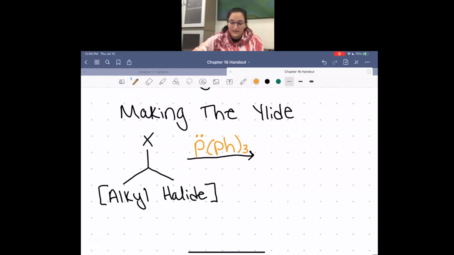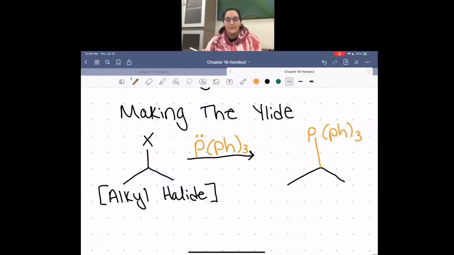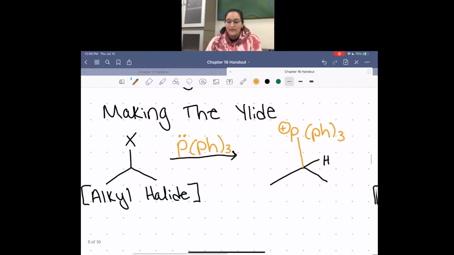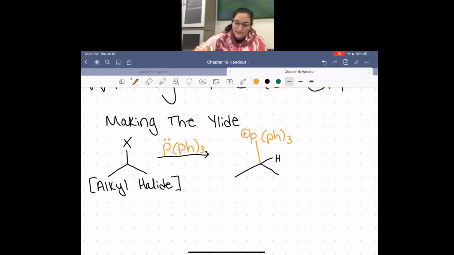So we get, bam. But now we have an issue because the phosphorus has a plus charge, and the way we're going to get rid of that plus charge is by reacting with a strong base.